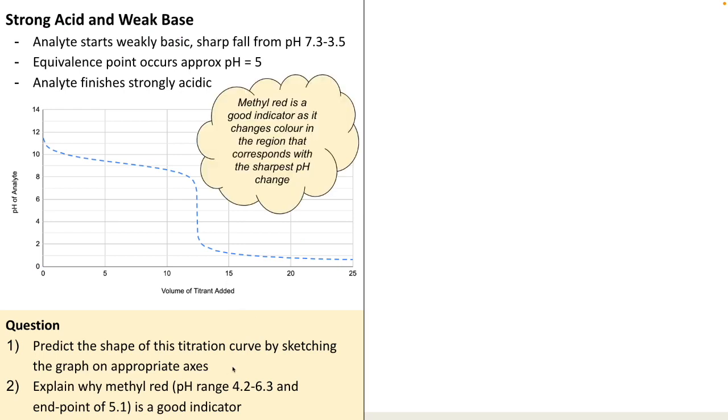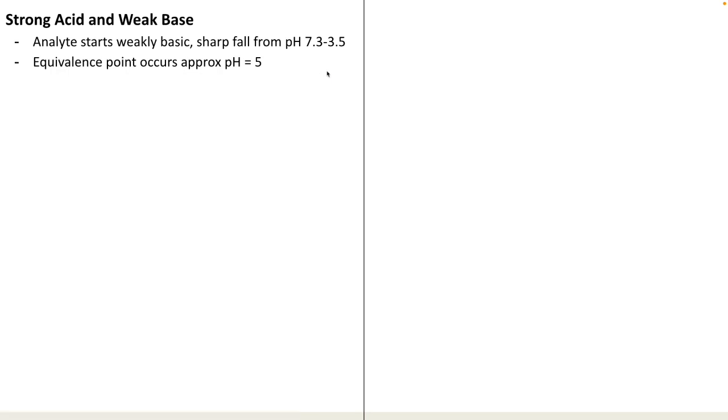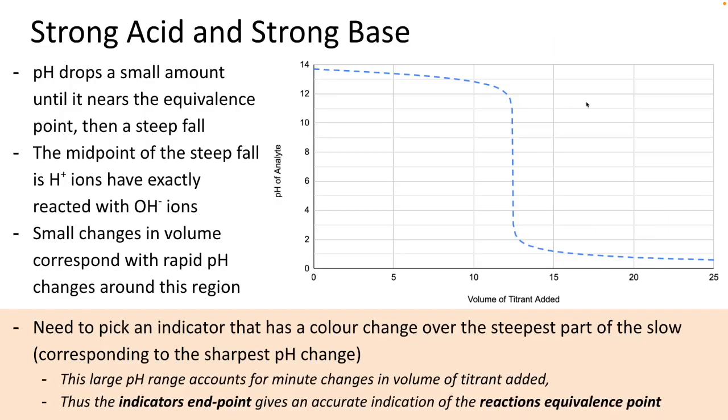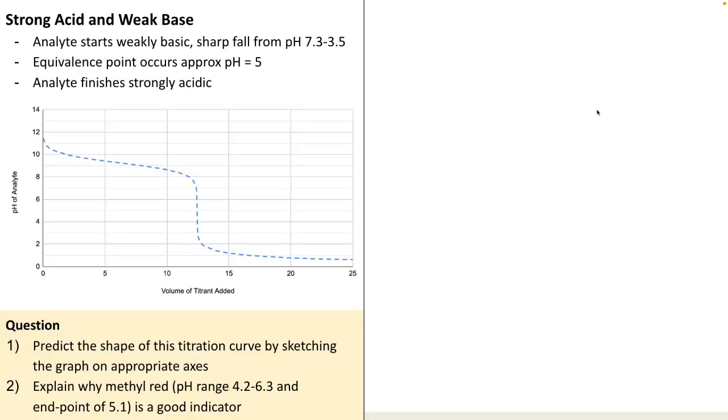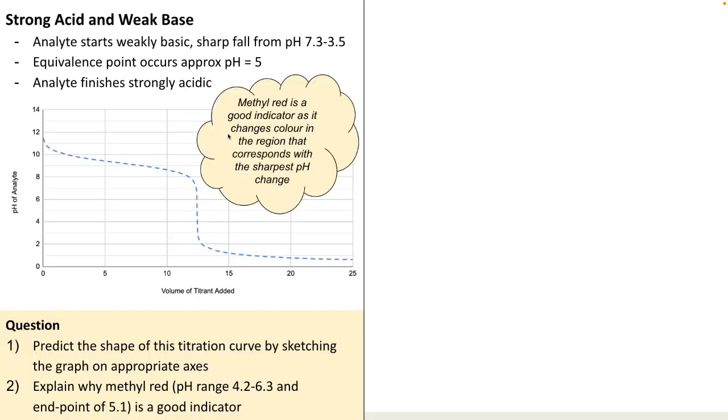So why would methyl red be good? Well, the color change occurs within the region that corresponds with the sharpest pH change. Let's take a ridiculous example here. Let's say we were using something like phenolphthalein, 8.2 to 10.0. This is where it changes color.